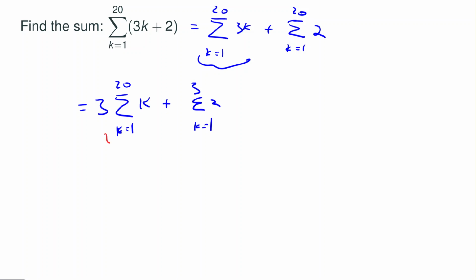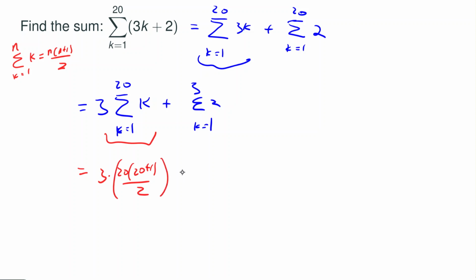Now for this one, we can use the formula. The formula is, let me just write on the side, the sum of k is n times n plus 1 over 2. So 3 times, n is 20 in this case, so 20 times 20 plus 1 over 2, plus, oops, sorry, this should be 20 here.